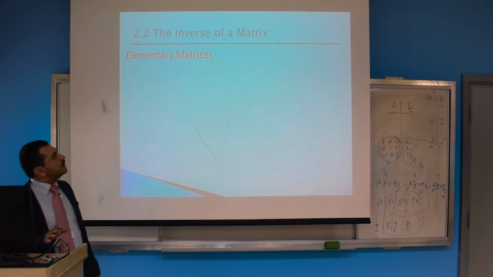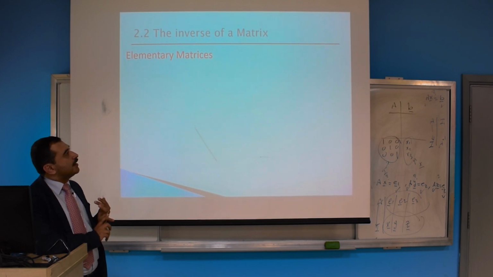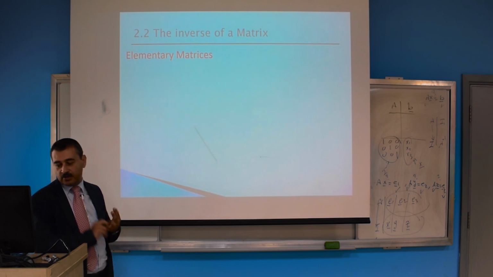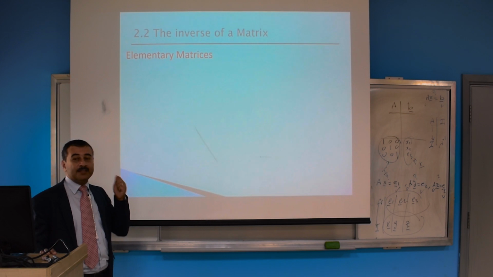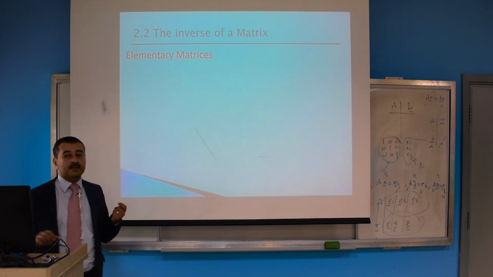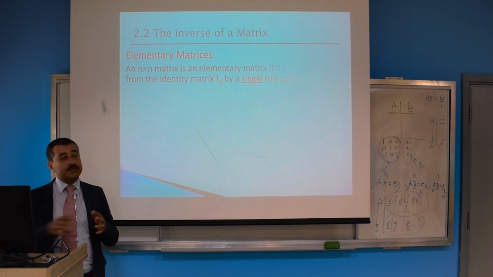Okay, so we applied the adjugate method and Gauss-Jordan to find the inverse of the matrix. Let's define what is called the elementary matrices and see how these matrices are related to the row operations. Let's see the definition for the elementary matrix.